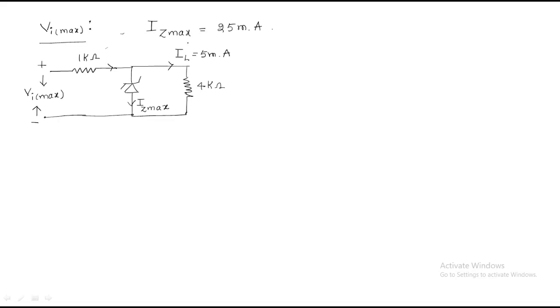For that purpose, first we need to find out how much current is entering from this branch. This supply current will be equal to the Zener diode maximum current plus the load current. So I can write the total supply current equals the Zener maximum current plus the load current.